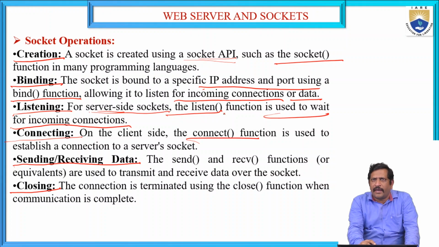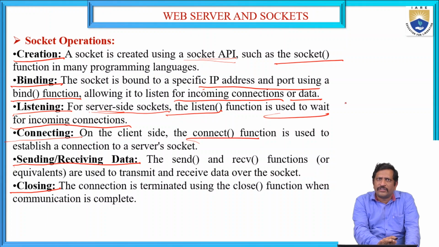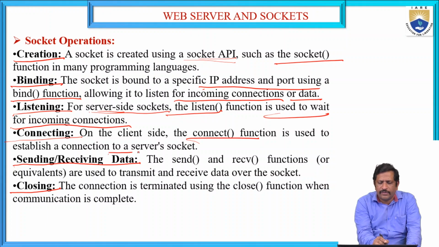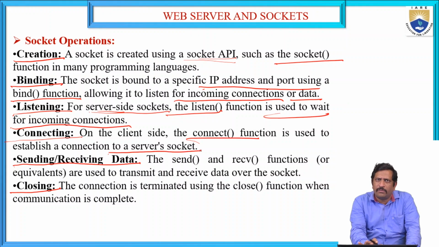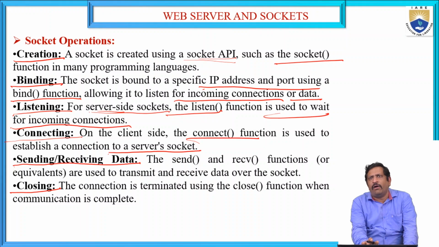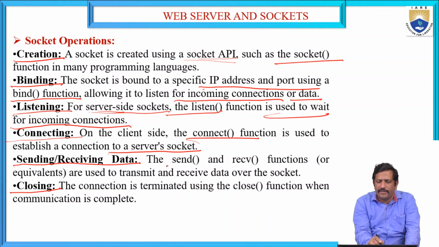The connect function is used for establishing a connection to a server socket. Sending and receiving of data between server and client can then be performed with the send function and receive function.